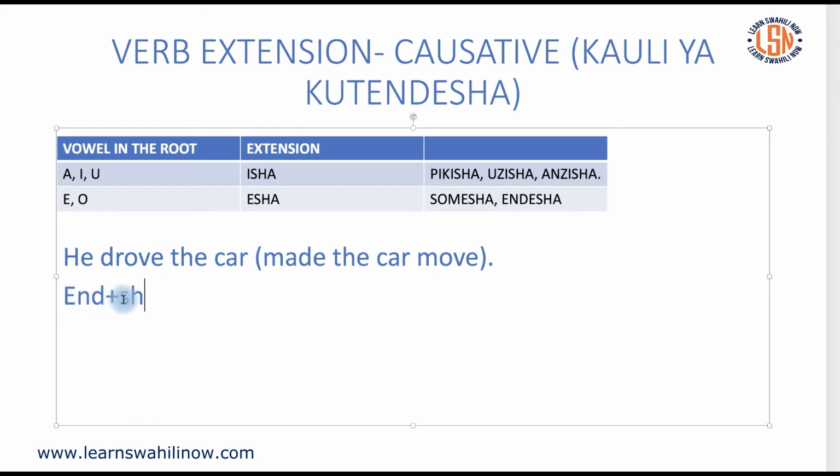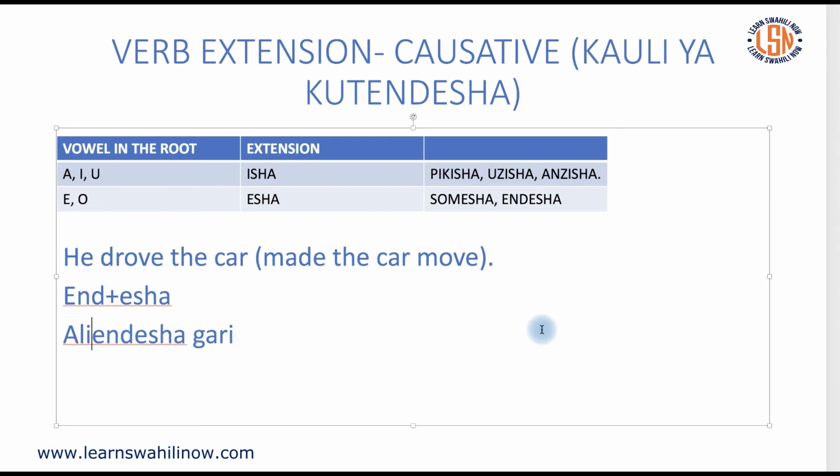Okay, so endesha. So he made the car move. So he would be a, and then li, for tense, and then endesha gari.